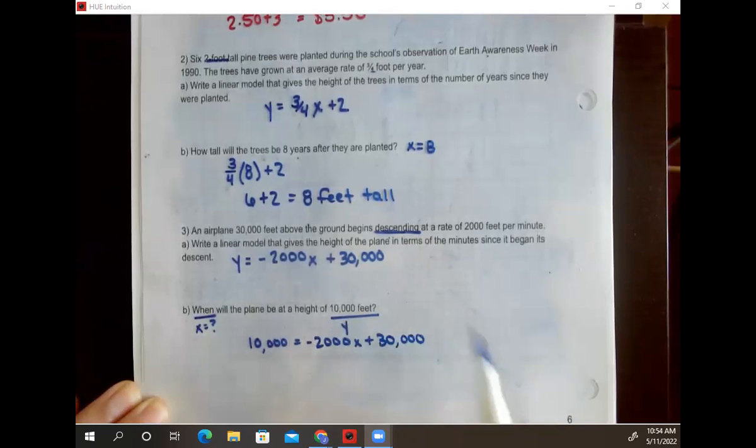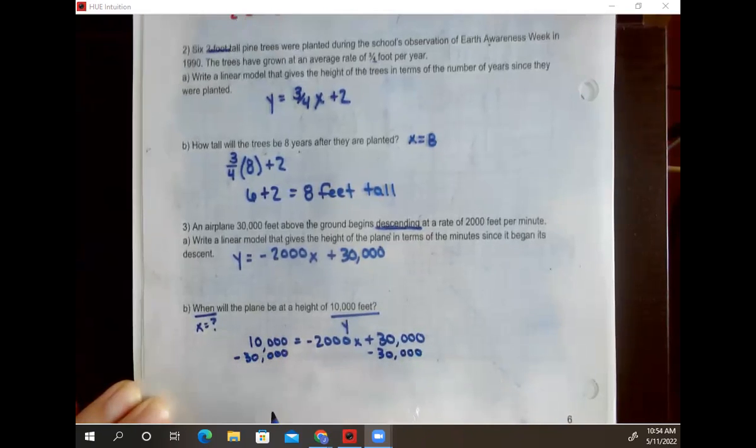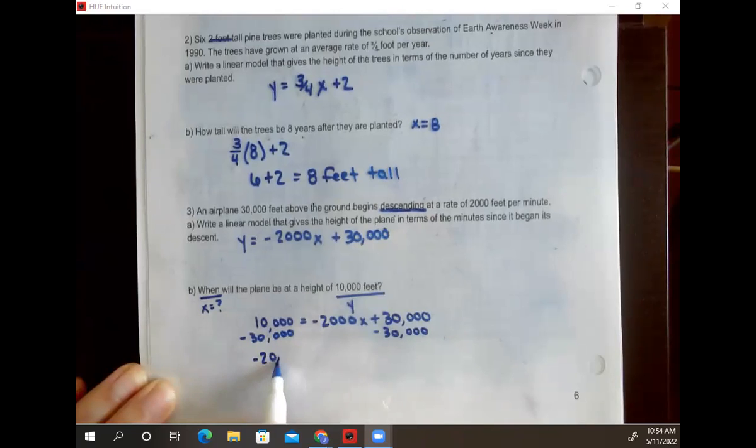So as I'm solving, the first thing I want to do, my goal is to get x by itself. So the first thing I'm going to do is move this 30,000 to the other side. This would give me negative 20,000 equals negative 2,000x.